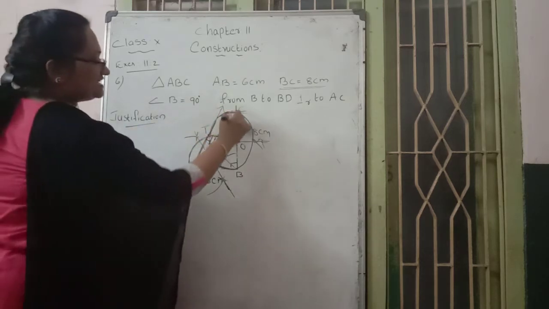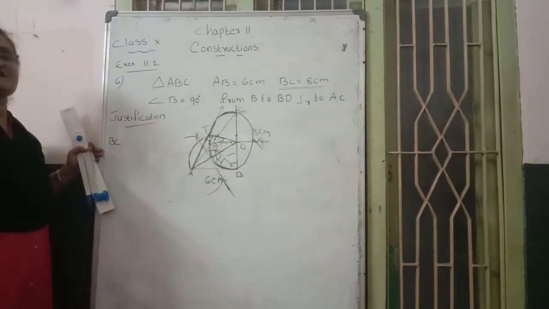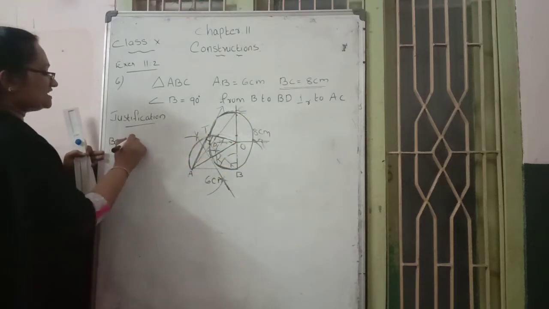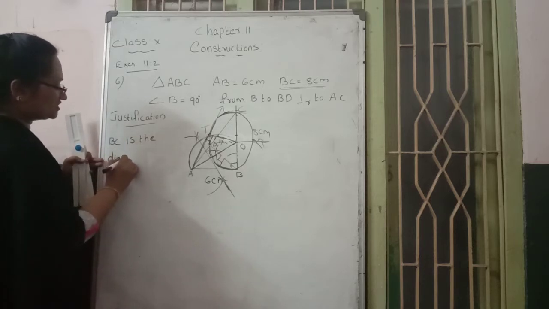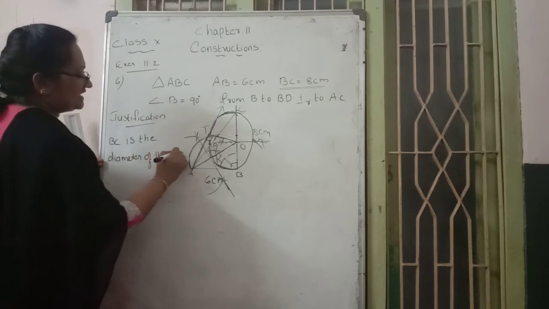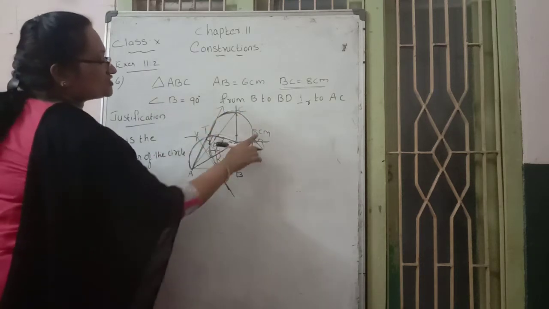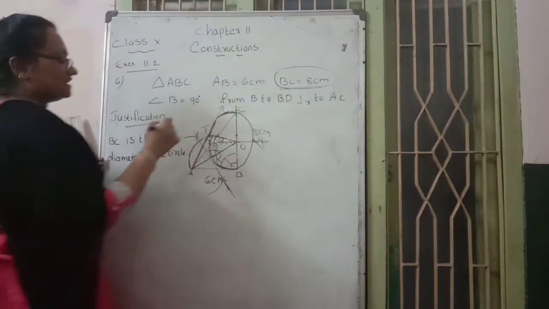BC is the diameter of the first circle. BC is 8 centimeters, given in the question.